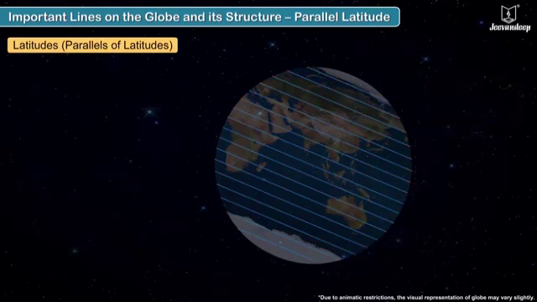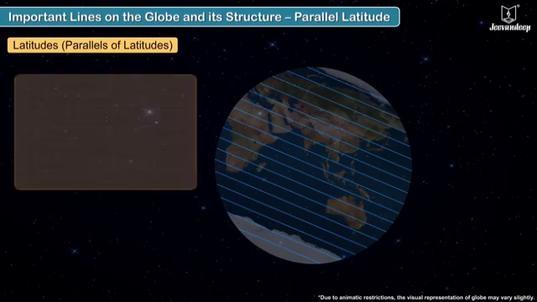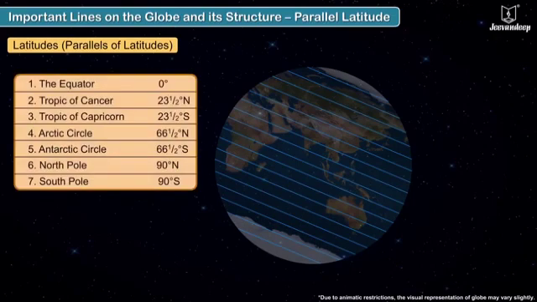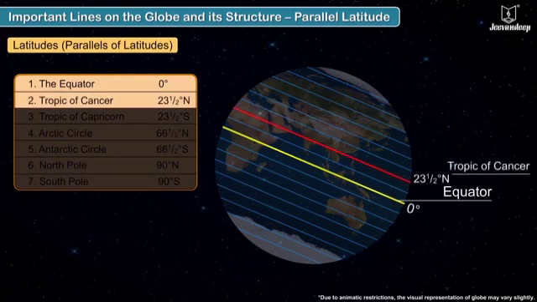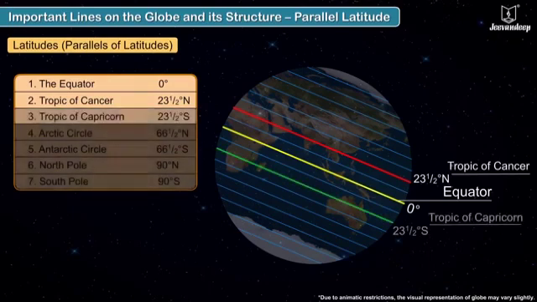Special parallels of latitude. Following are 7 special parallels of latitudes on the globe. The equator at 0 degree. Tropic of Cancer at 23.5 degrees north.